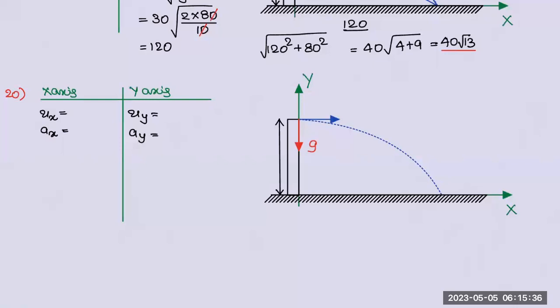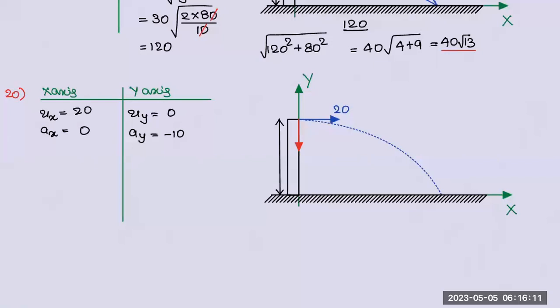It is projected with 20 meters per second. So ux is equal to 20, uy is 0, ay is minus 10, ax is 0, standard stuff.